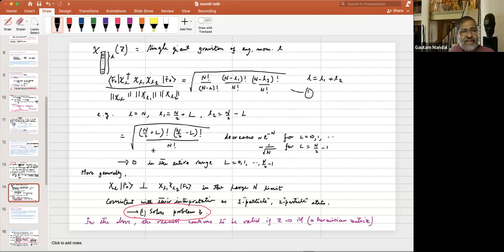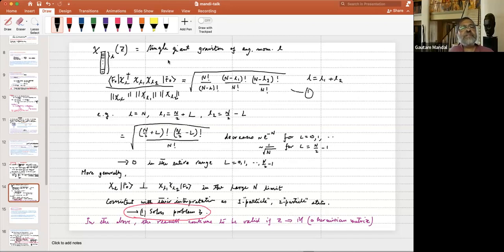So in this entire range, this 3-point function just goes to 0. This is just an example, but more generally you can show that the single Schur acting on the Fermi sea is orthogonal to a double Schur acting on the Fermi sea in the large N limit. So this is consistent with the interpretation of one particle, two particle states, etc.